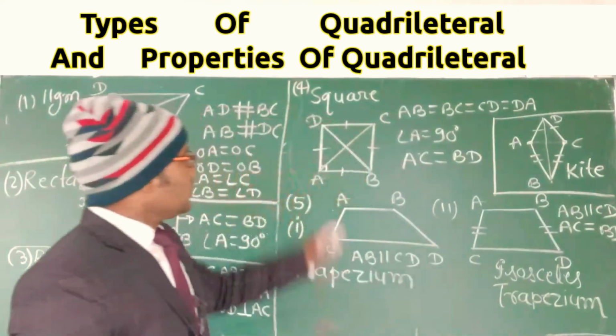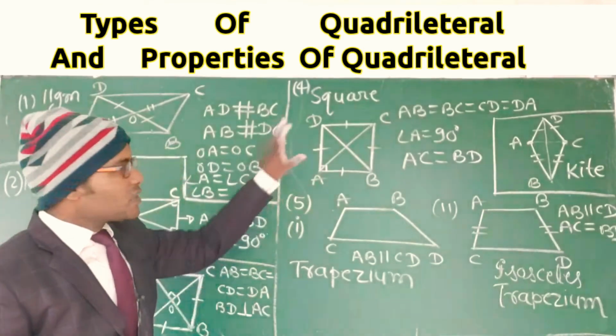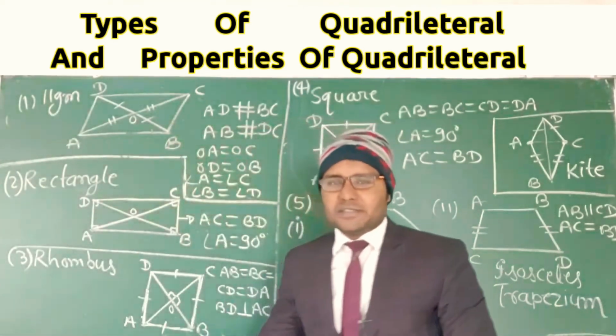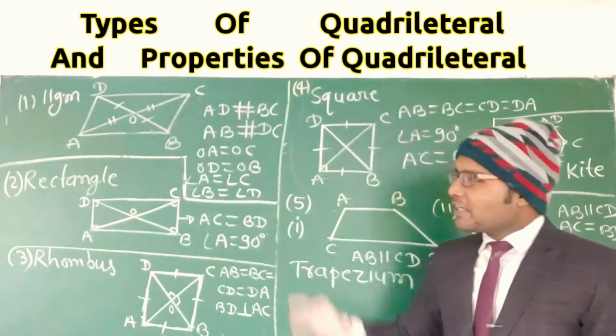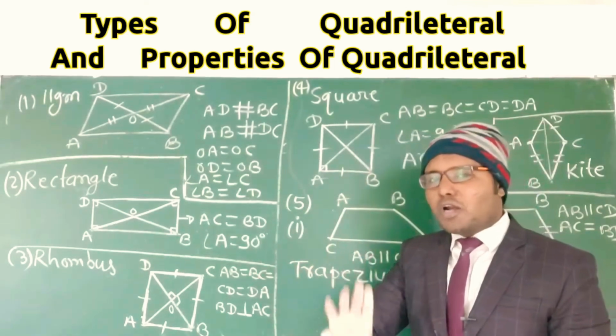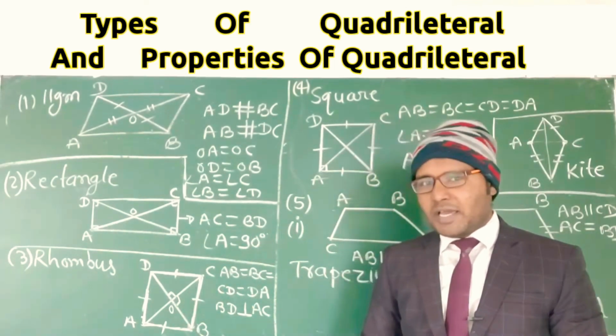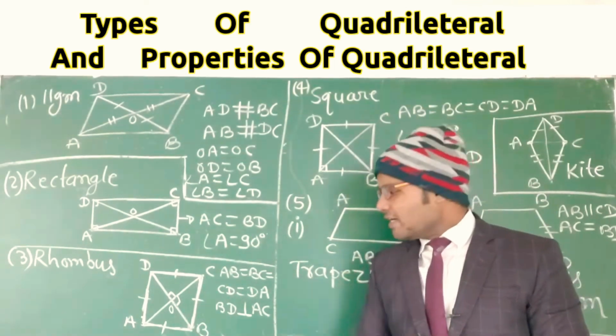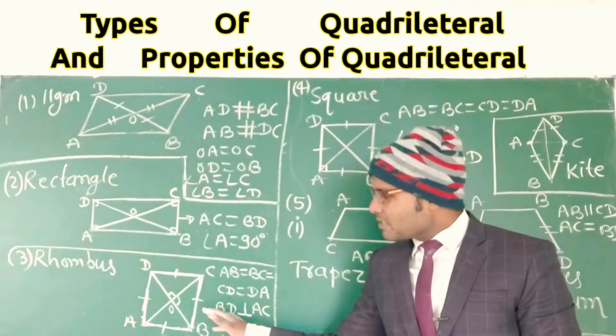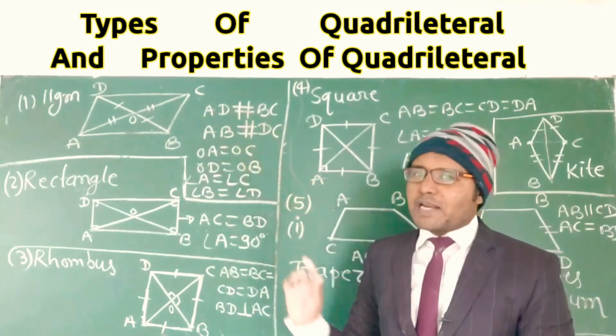Now what is a square? A square is a rhombus. That means a square will fulfill all properties of a rhombus, and you already know that a rhombus fulfills all properties of a parallelogram.